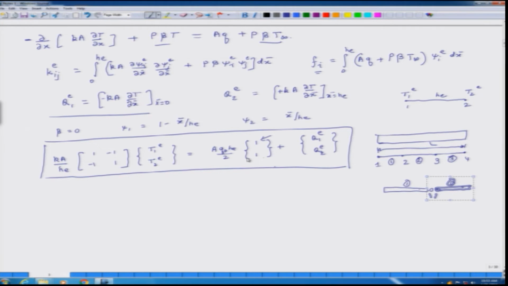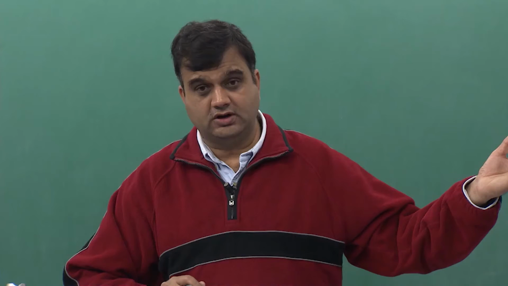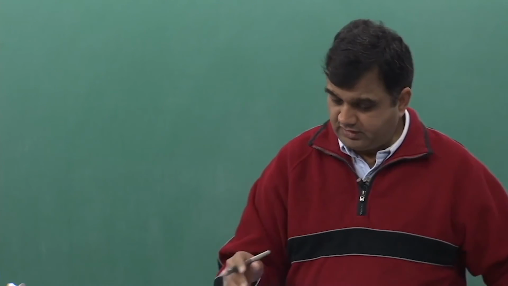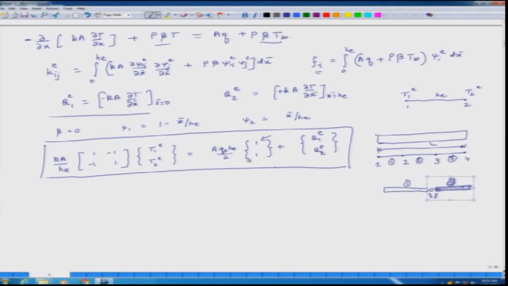So, I add up the equations the same way we added up equations in case of solid mechanics problem, the same logic. So, if I do all that, my overall equation, not at the element level, but at the assembly level, becomes K A over He times [1 -1 0 0; -1 2 -1 0; 0 -1 2 -1; 0 0 -1 1].